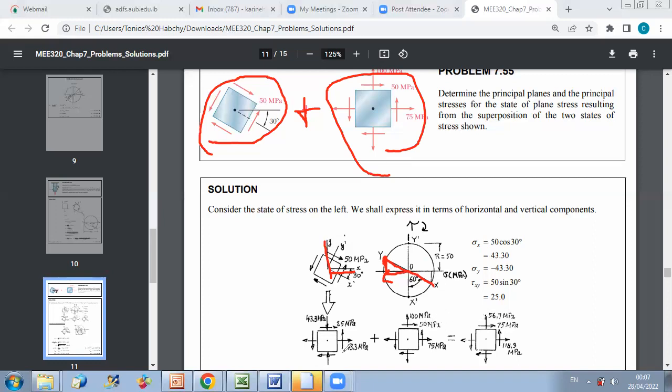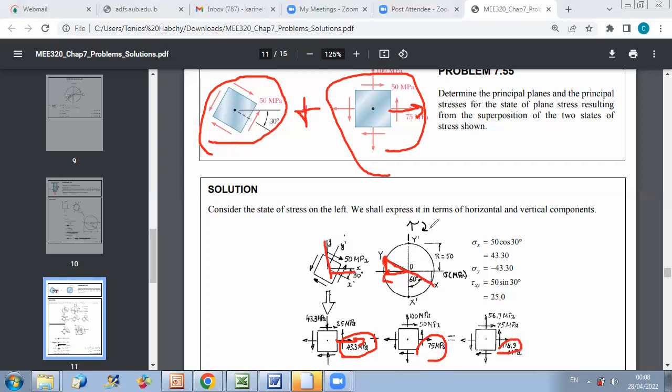So you can say that, for example, to get total sigma x, I should add 43.3, which is resulting from the first load, plus the second load is applying 75 megapascal in x. So the total value of sigma x for the combined loading is 43.3 plus 75, so you get 118.3.